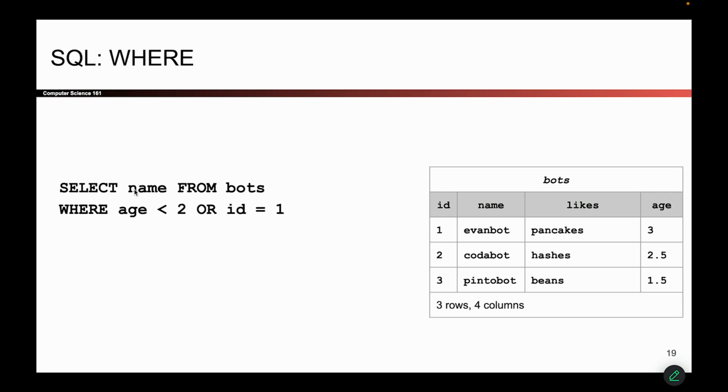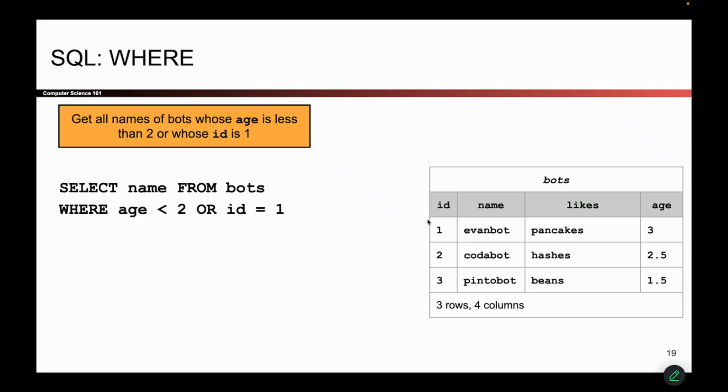I can also combine different conditions. I can say, I want all the rows, but only the ones where age is less than 2 or ID is equal to 1. Those are my two conditions. I will go through all the rows and look at those two columns. The first row, ID is 1, so that's good. The second row, age is not less than 2, ID is not 1, so we don't want the second row.